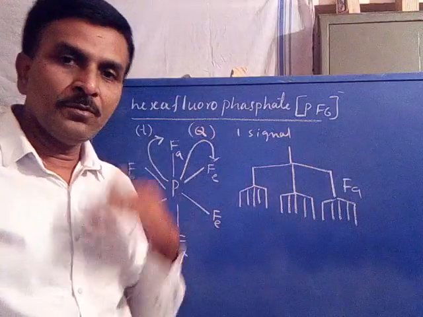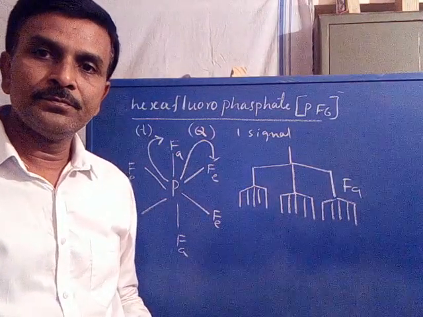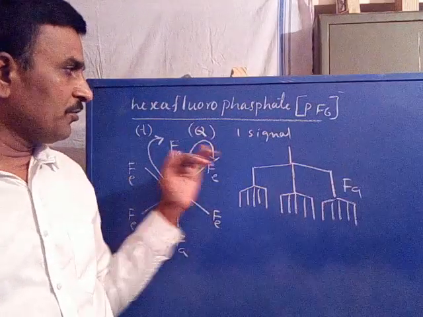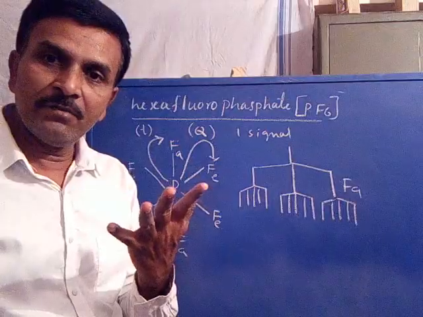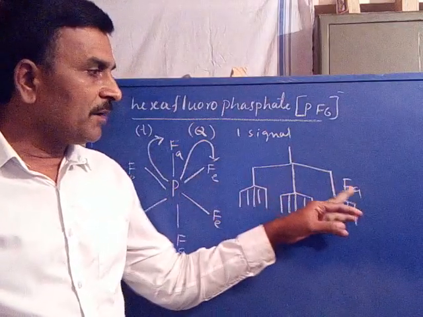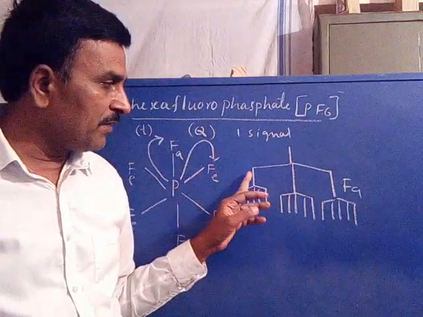Is it clear? This we already discussed in fluorine NMR also. So first, a signal as a singlet before coupling for phosphorus. When coupled with two axial fluorines, 1 plus 2, it becomes a triplet: 1, 2, 3.